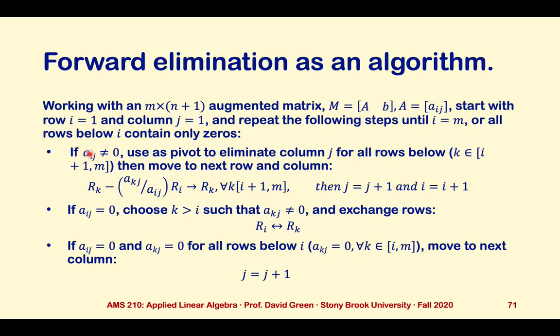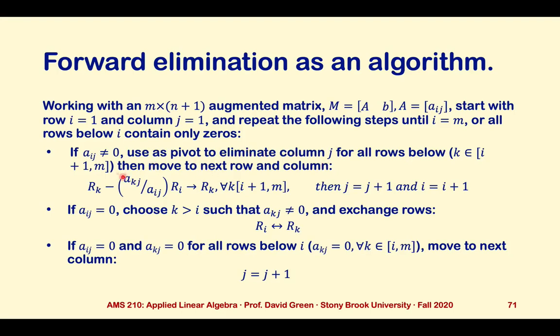Remember, in the first step, this is A11. If it is not 0, we use it as a pivot to eliminate that column, column j, for all rows below it. That is for all k from i plus 1 up to m. Then, after eliminating that, move to the next row and column.